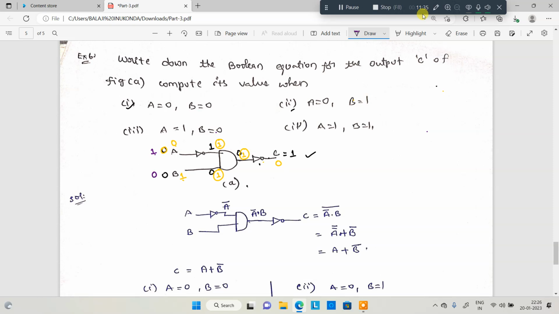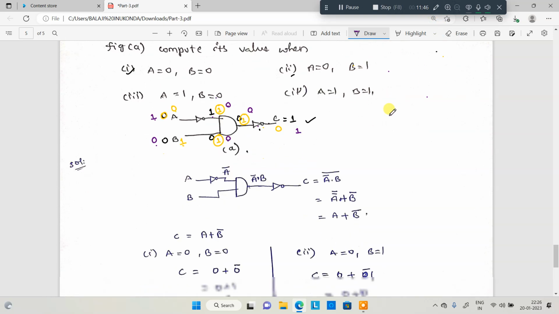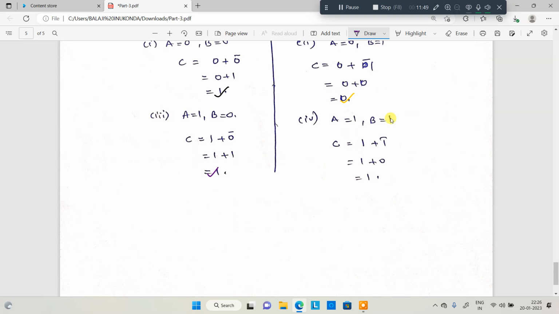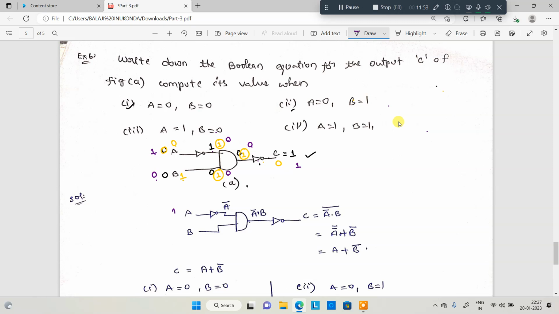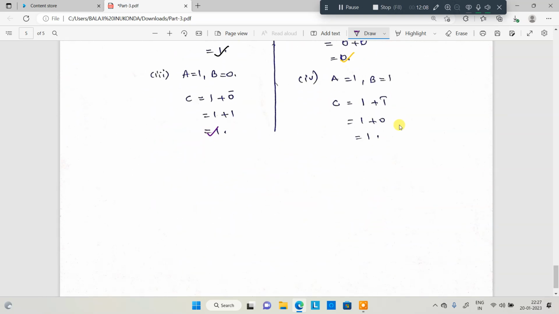A is 1 here, you will get 0, B 0, 0 into 0, 0. Whenever it is 0, it is a NOT gate, you will get 1. Okay, in the third case, you will get 1. In the last case, A is 1, B is 1. A is 1, so you will get 0. It is 1. 1 into 0, 0 only. AND gate, right? 0 negation 1. You will get 1 here. So you will get 1.